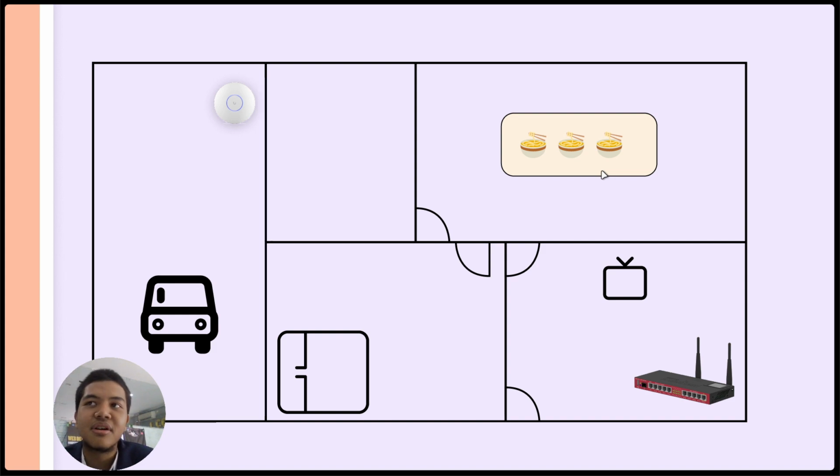If you don't want to buy an access point, because as you know access points are a little expensive, we can use a repeater, because a repeater can also be used like an access point for a small connection, like in a home. Okay, that's about the implementation of wireless.